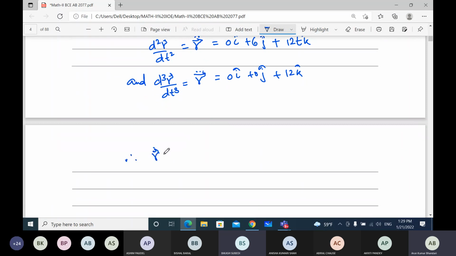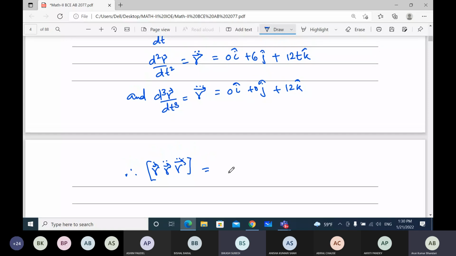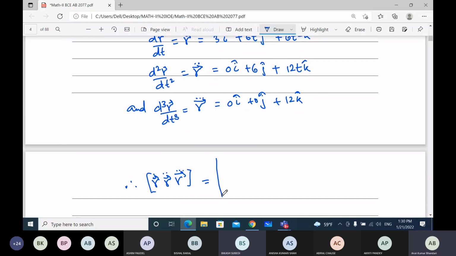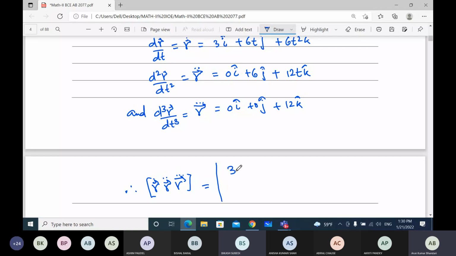Therefore the scalar triple product of r dot, r double dot and r triple dot can be written in terms of a determinant as 3 6 6t square, next 0 6 12t, the last one 0 0 12.